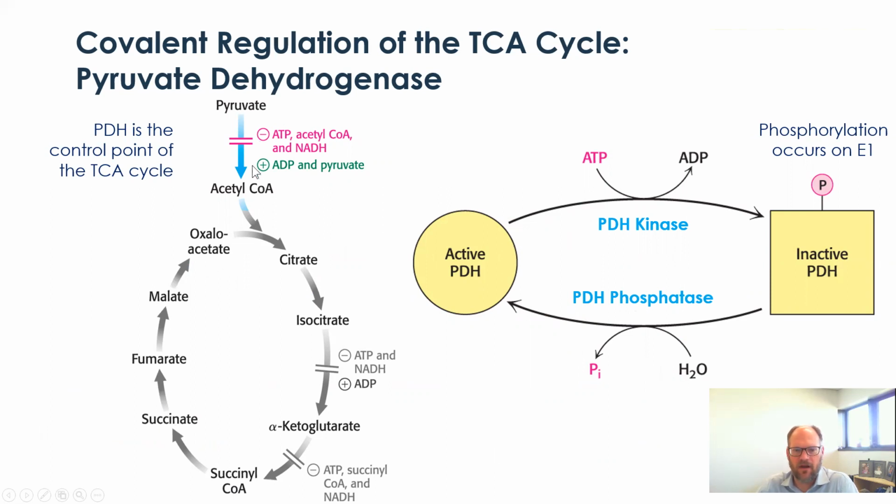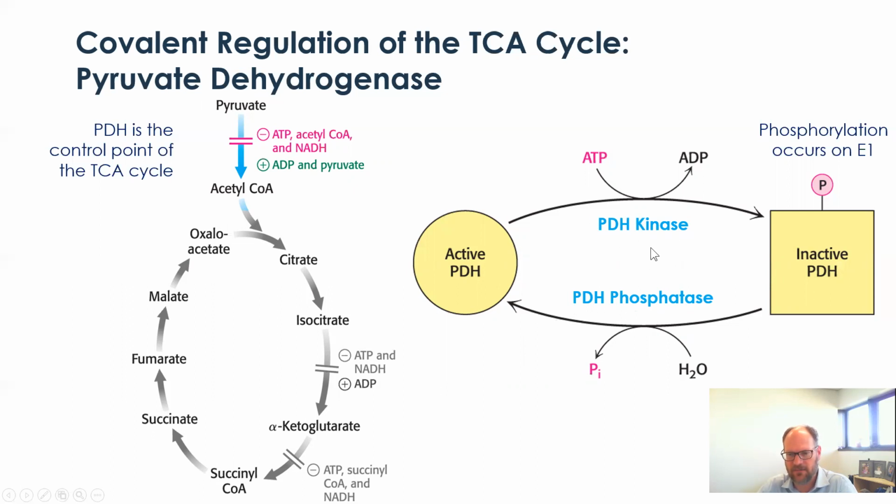Now, this step is actually regulated through a number of different molecules: ATP, acetyl-CoA, NADH, and ADP, all affecting the activity of this transition between pyruvate and acetyl-CoA. The way this works actually happens through an intermediate, this enzyme called pyruvate dehydrogenase kinase.